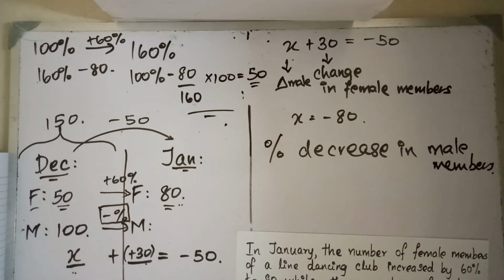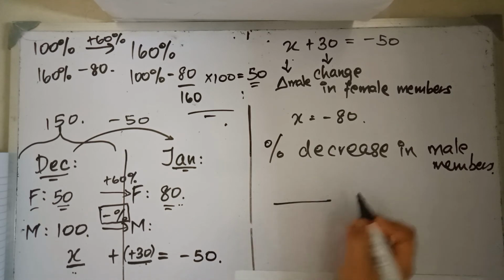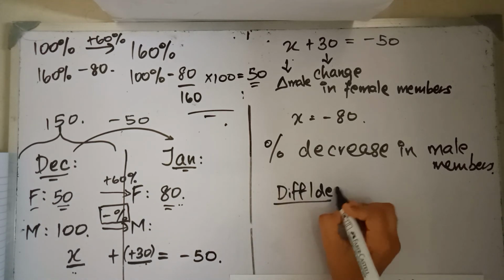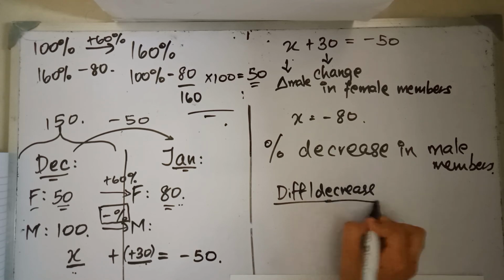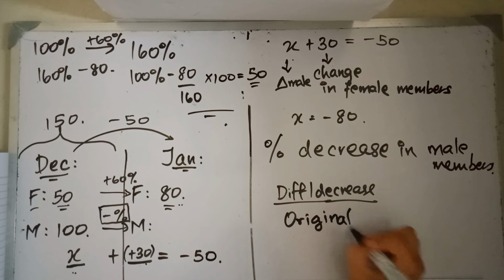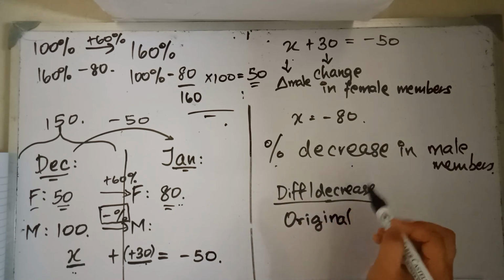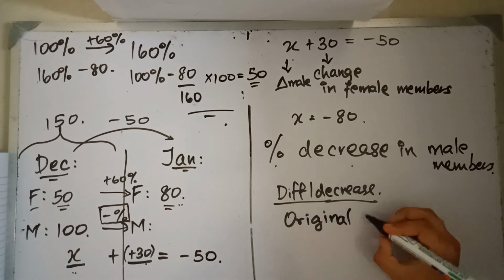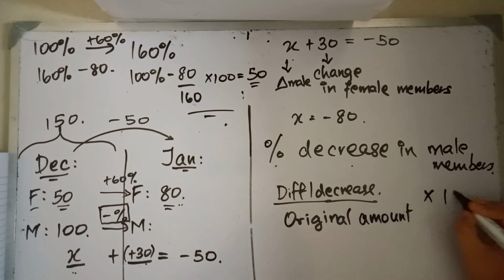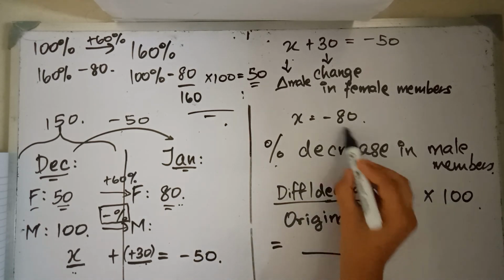What will be the percentage decrease? The difference or the decrease divided by the original amount, not the decreased amount. If they are asking the percentage of decrease, it will be the decrease divided by the original amount. Not only in this problem, but in any problem, that's the formula. Into 100. What's the difference or the decrease? 80.